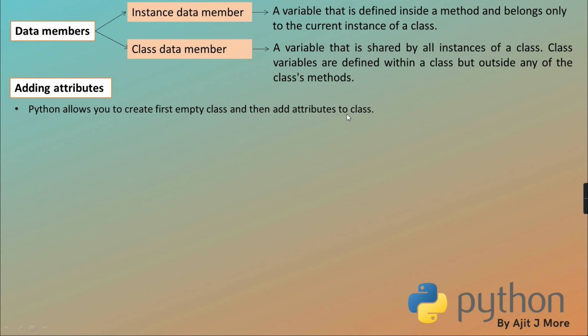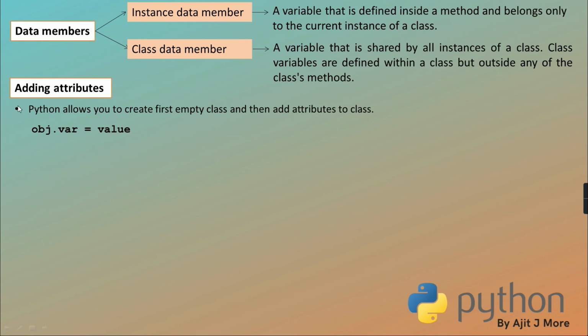The same concept is in JavaScript also. Some are already web developers in our group, I guess. In JavaScript also the similar concept is allowed. But JavaScript is not purely object oriented. So Python allows you to create an empty class first and then add attributes to that class.